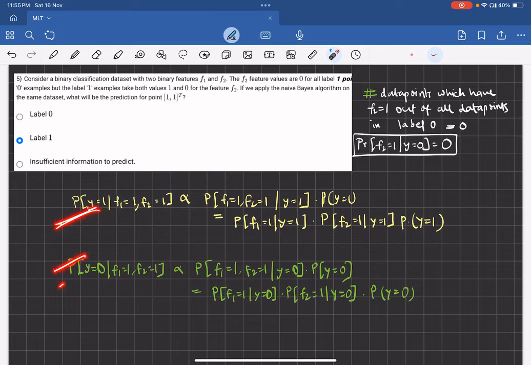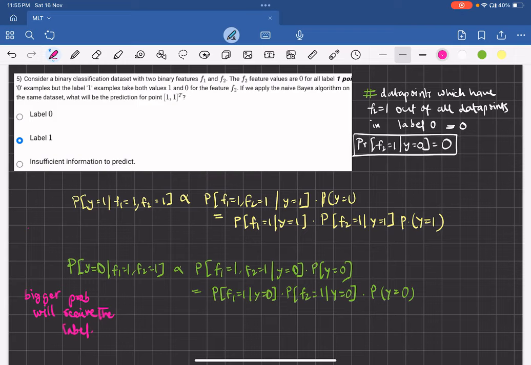Whichever is bigger will receive the label. So if the green probability is bigger, then this particular point will be assigned the value 0.